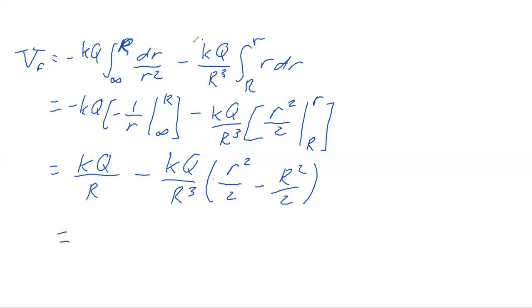If I factor everything out, factor out the KQ over R cubed, and I would get a 2 there, because of that 2 in the denominator, the r squared over 2. And you get R squared minus r squared over, I think this will be r cubed.